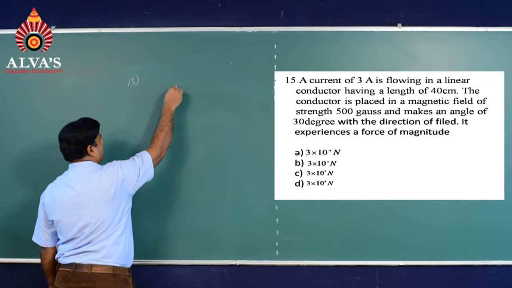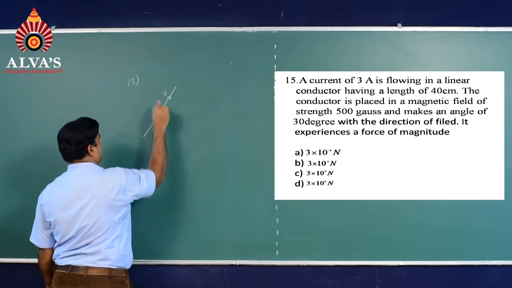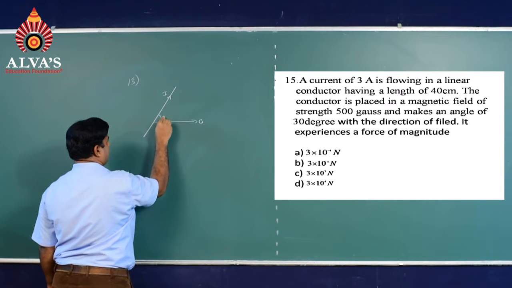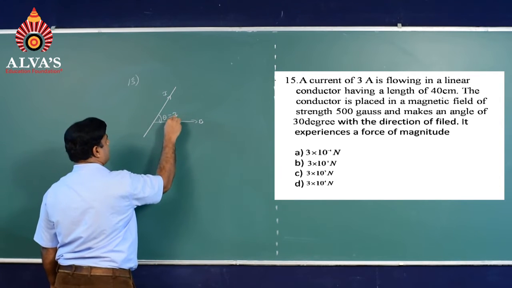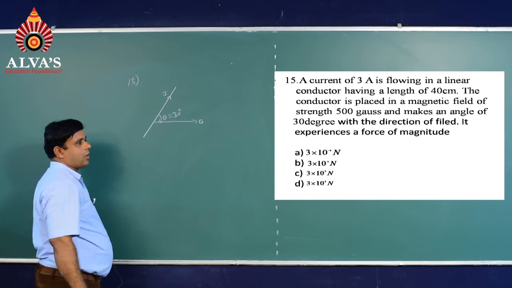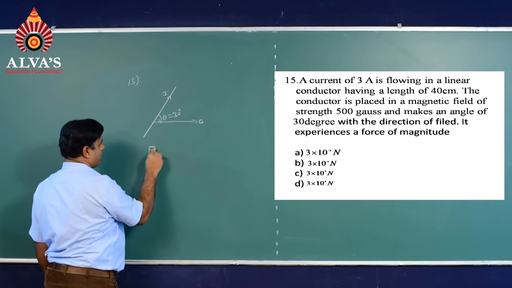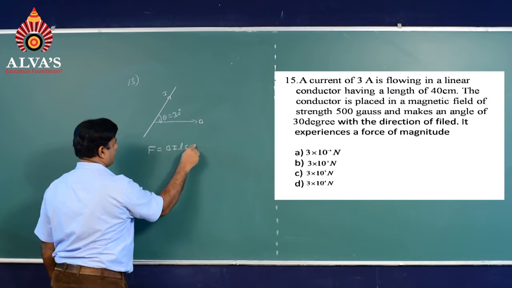There is a conductor carrying current I, placed in a magnetic field B, making an angle theta, which is given as 30 degrees. You have to find the force acting on it, which is given by the formula F equals B I L sin theta.